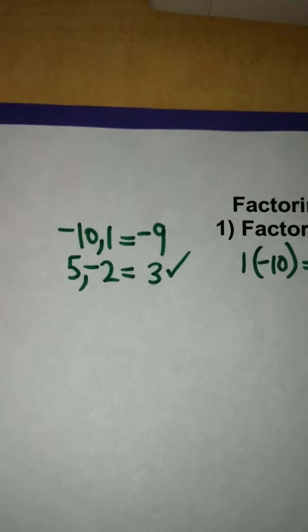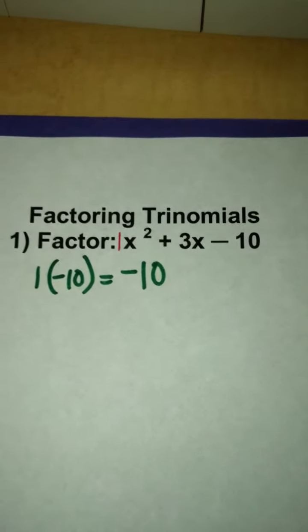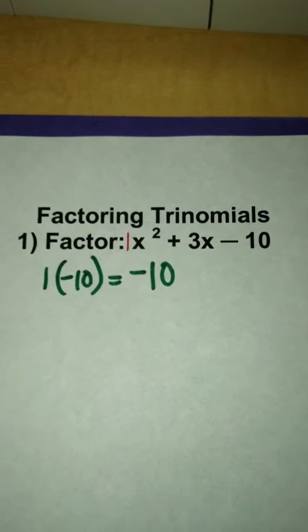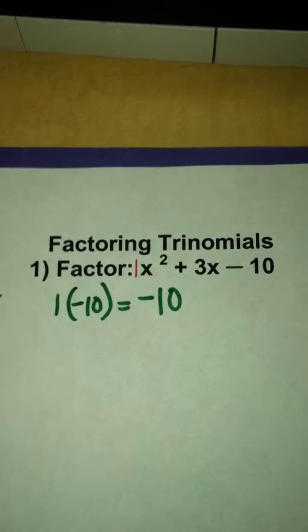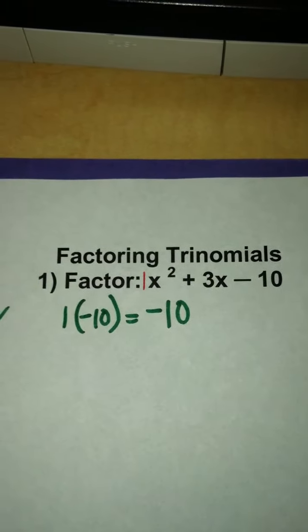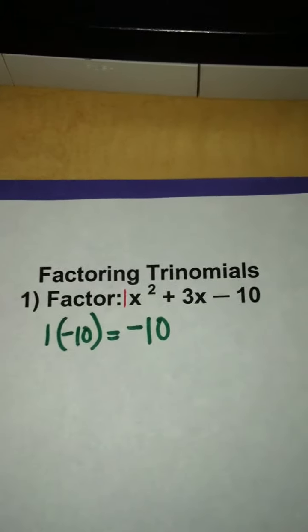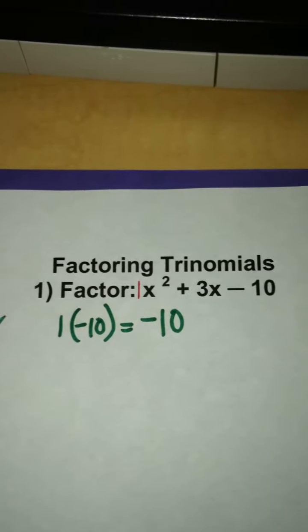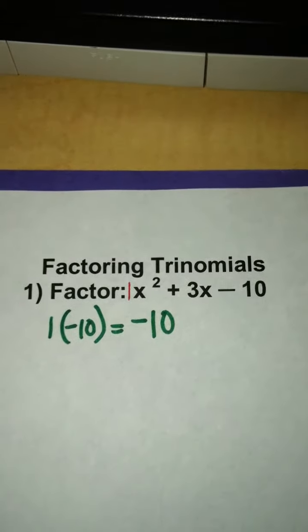Once you find the correct pair of factors, the next step is to rewrite the middle term using those factors. In other words, we're going to rewrite the middle term using 5x and negative 2x. Now the order does not matter. If you list the negative 2x first and then the 5x, that's fine.